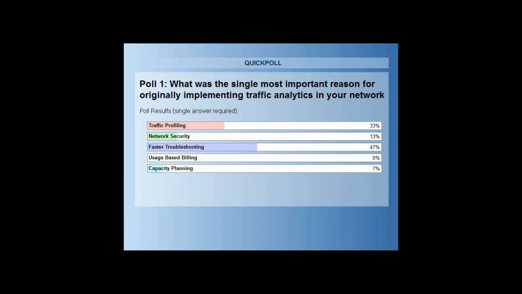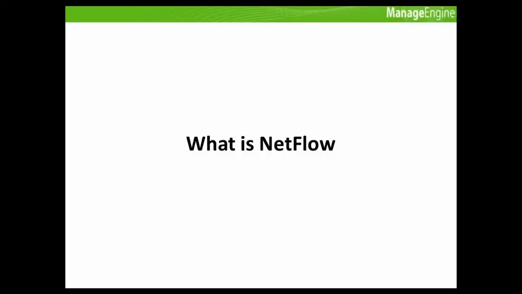Profiling means identifying issues quite quickly when something happens. And security is also a factor some of you should consider, because it's not always that IDS or IPS, intrusion detection systems or intrusion prevention systems, can actually save your network. So anyway, let's go back into the presentation now and see what NetFlow is.